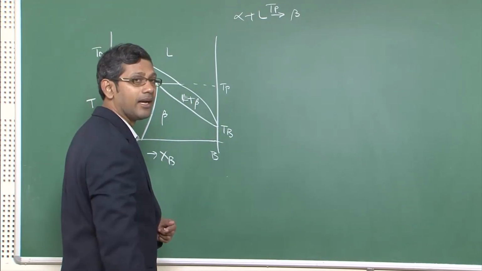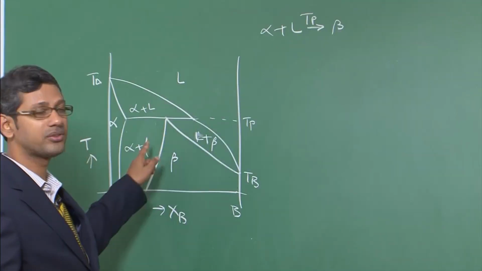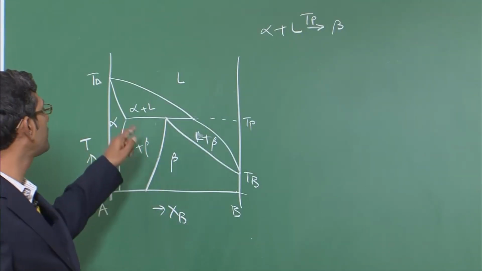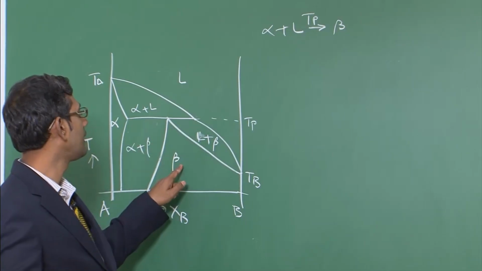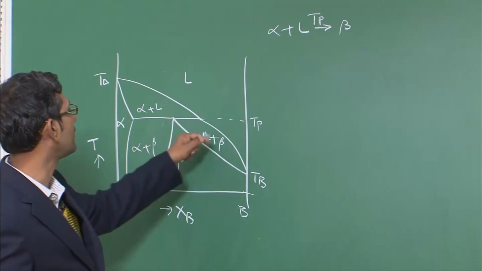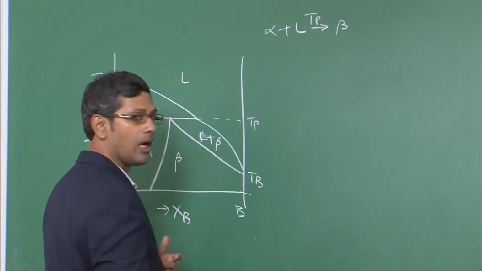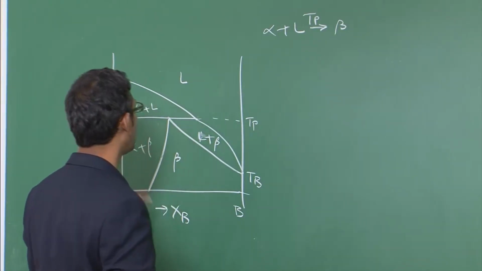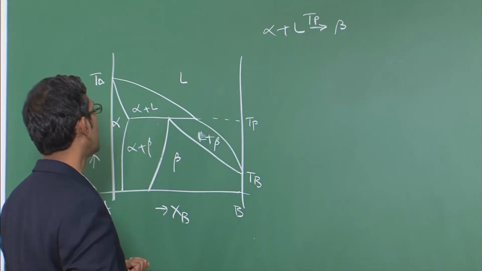And please study this phase diagram nicely, because you will get in the assignment some problems on how to calculate the amount of beta phase from these horizontal lines or tie lines at Tp. I will solve some in the classes also, but I am just telling you that you should look into these diagrams very nicely.